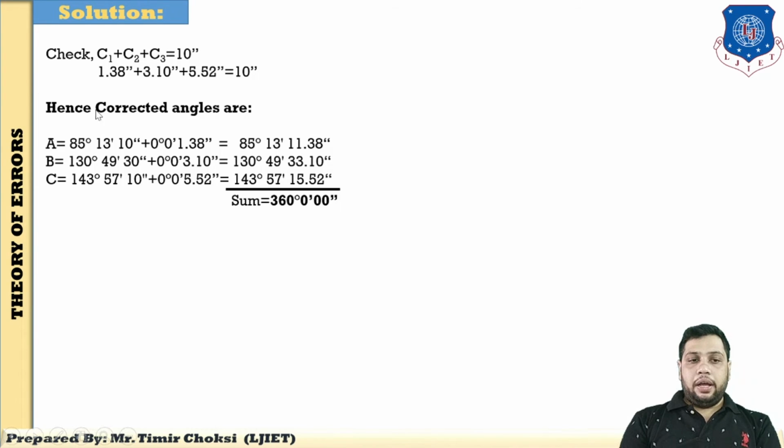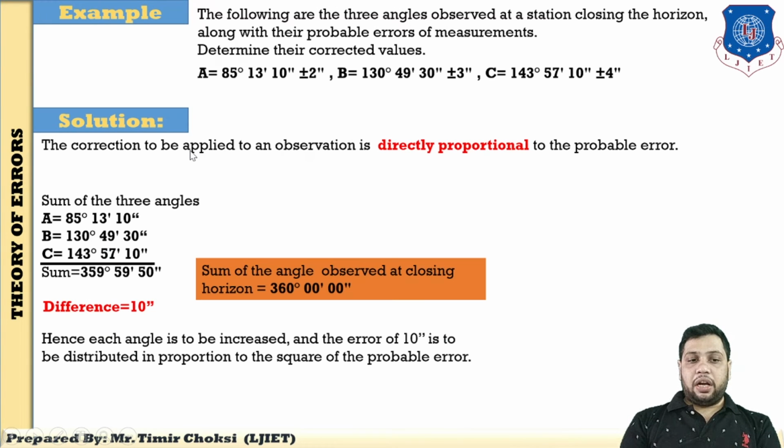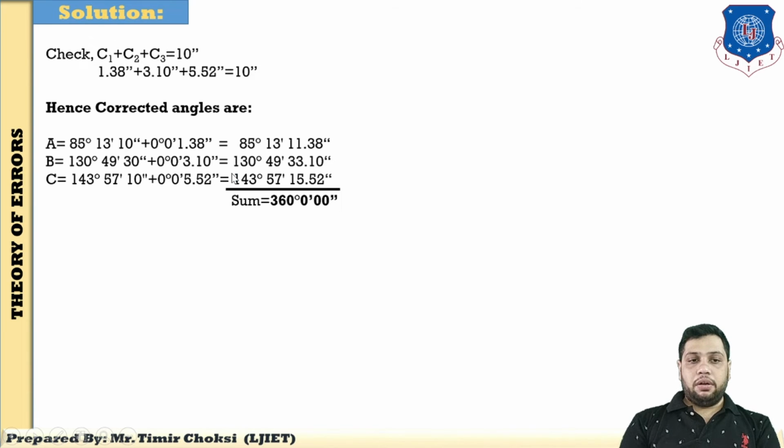Here 85 degrees 13 minutes 10 seconds is already given, and our correction is 0 degrees 0 minutes 1.38 seconds. So the answer is 85 degrees 13 minutes 11.38 seconds. Why add? Because the error is negative, so the correction is positive. The correction is applied as positive, and lastly you take the sum of these angles. The last answer is 360 degrees 0 minutes 0 seconds.